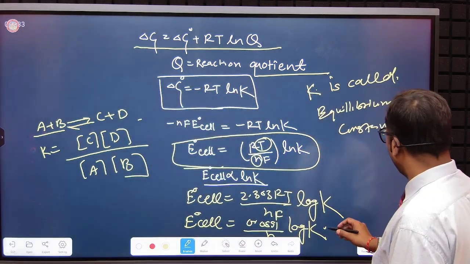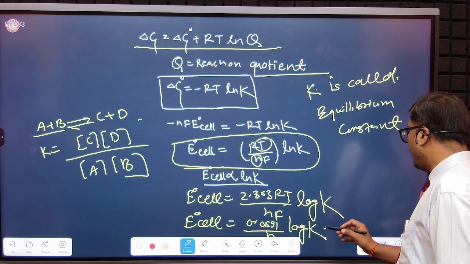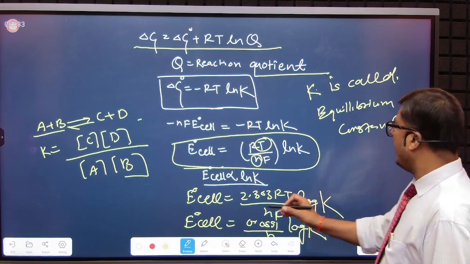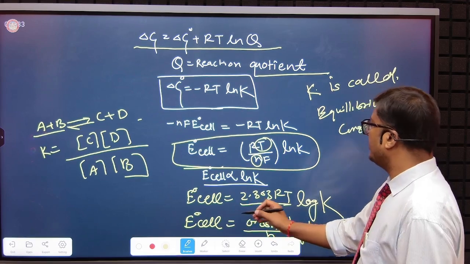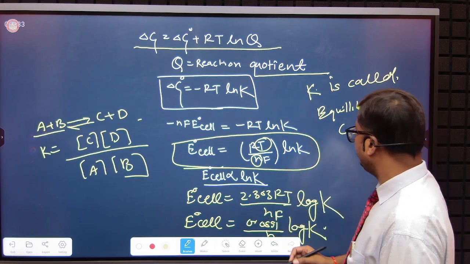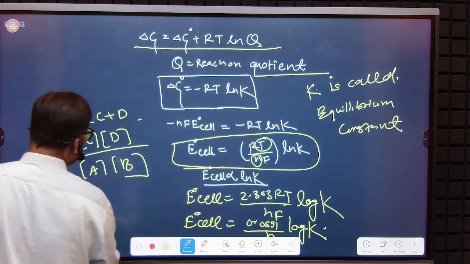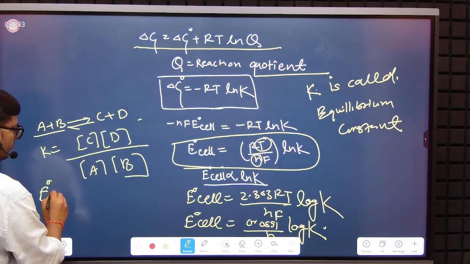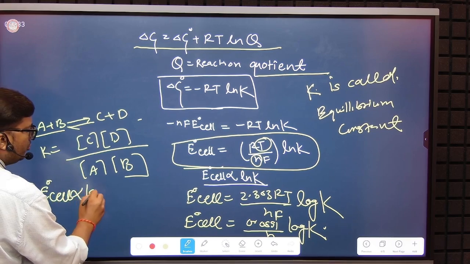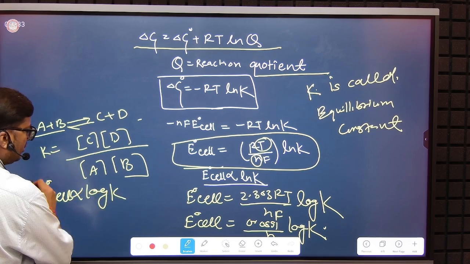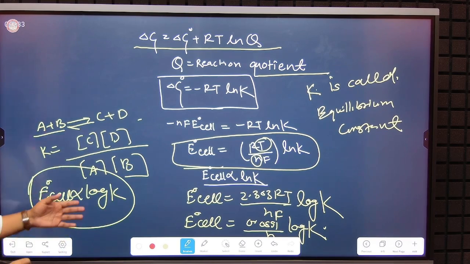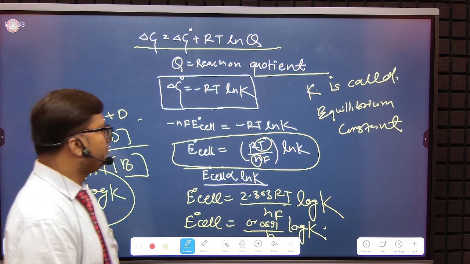It means the greater the value of log K, the higher the electrochemical potential of the cell. So E0 cell is proportional to log K, and the greater the value of K, the greater the electrochemical cell potential, right?